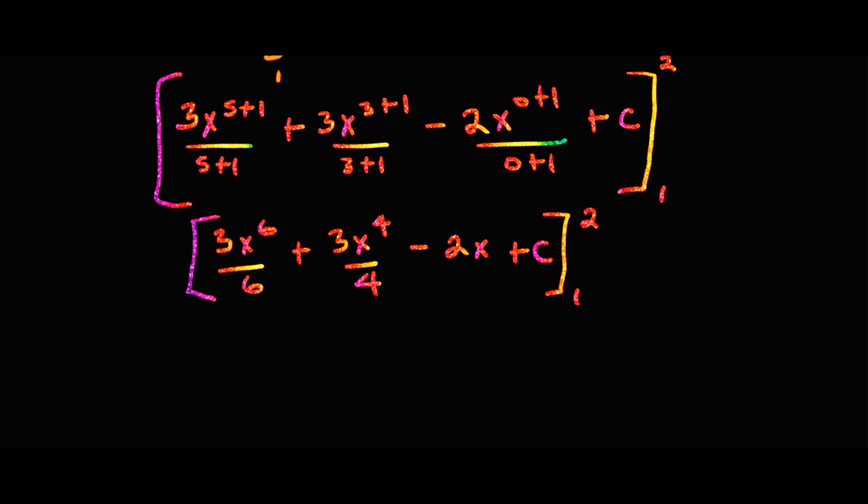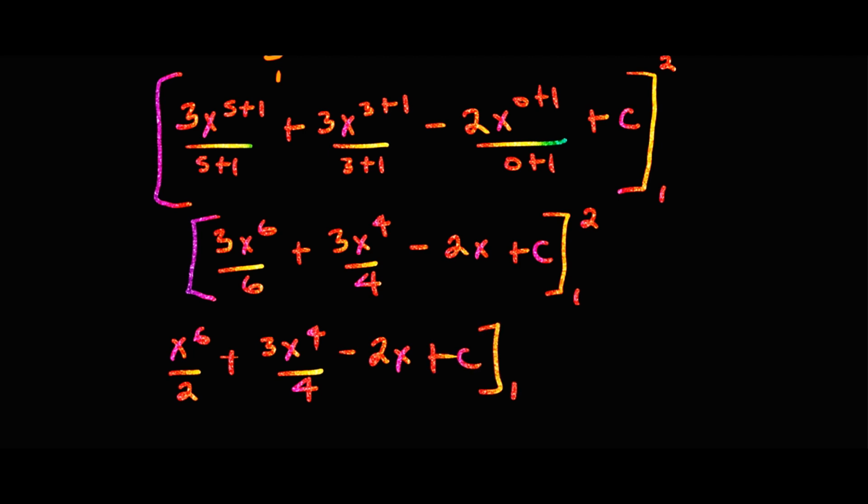So the next thing here is just to substitute the values of x when it is 2, and then we subtract when it is 1. We can first of all simplify this so that we have x^6 over 2 plus 3x^4 over 4 minus 2x plus c.